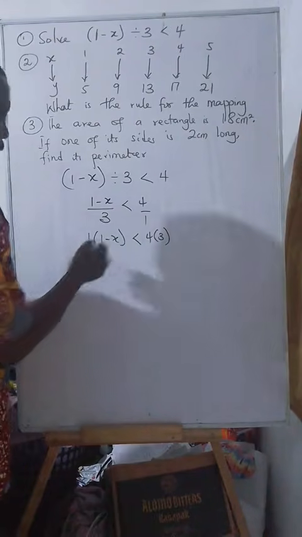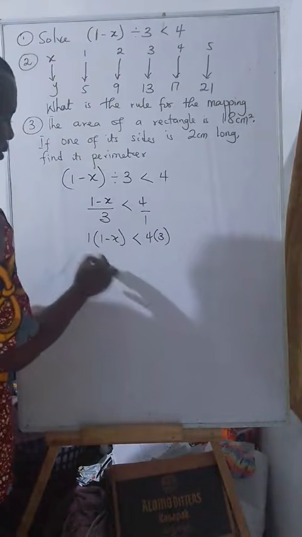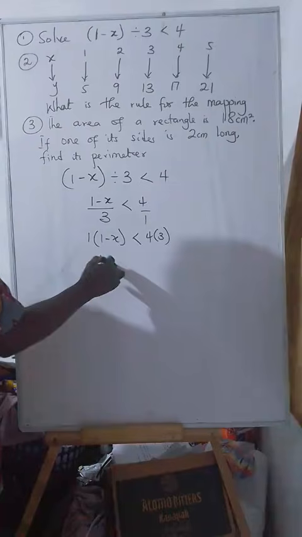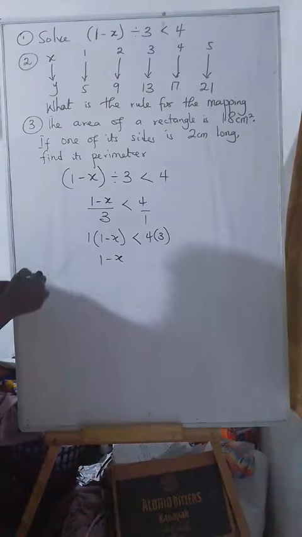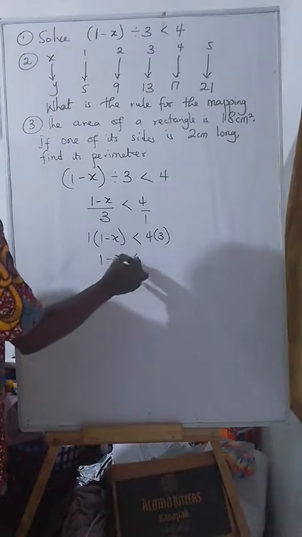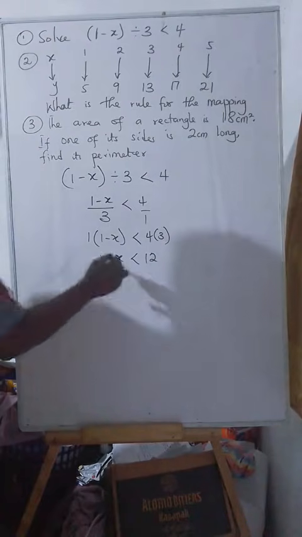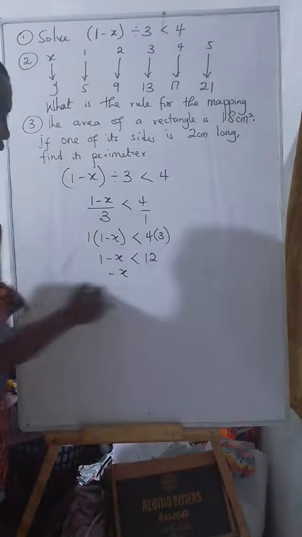Then you expand it, you get 1 by 1 is 1, then minus x here. So less than, this is 12. Right, so you have minus x.